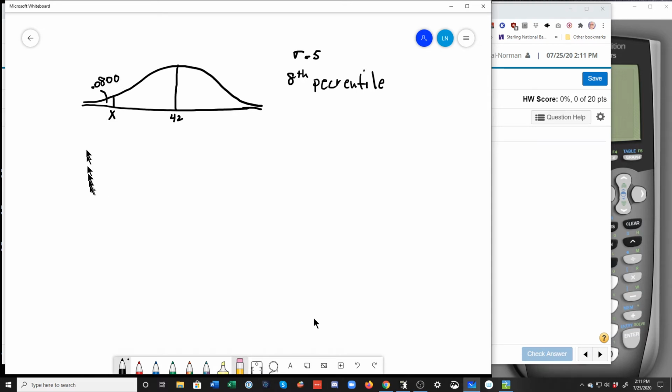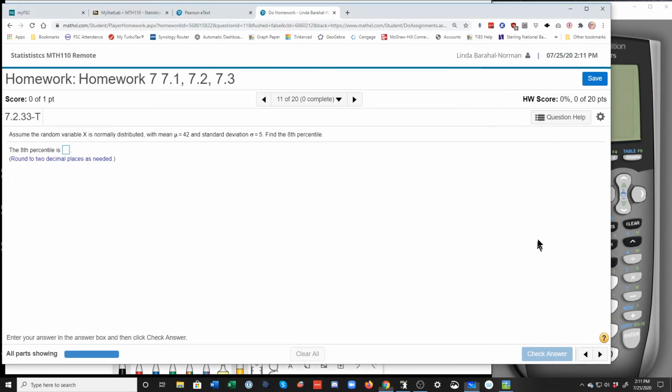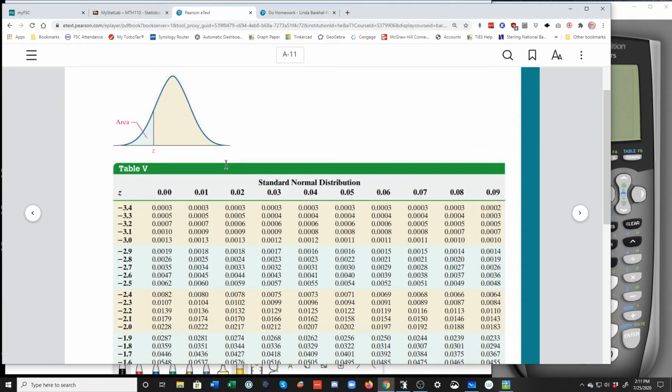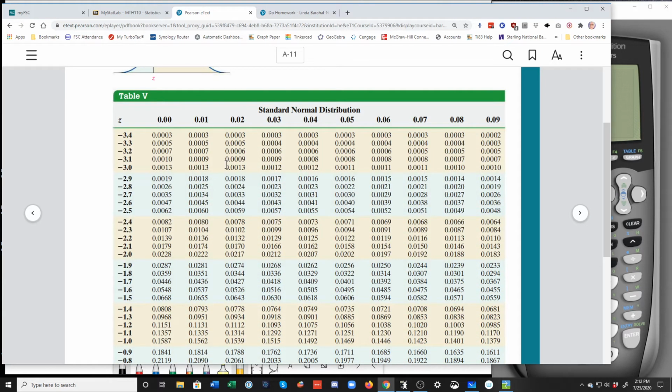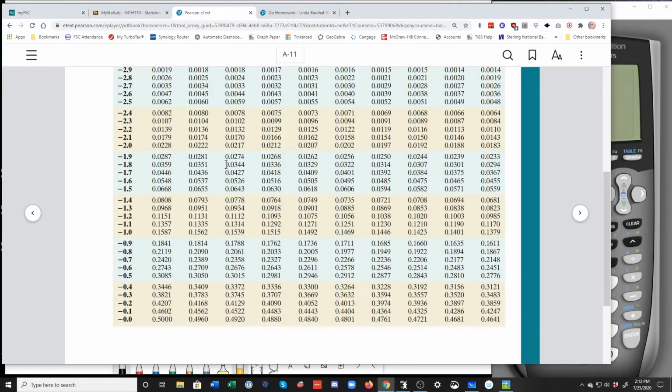If I'm going to follow the convention we've been following, that would be 0.0800. What I need to do is use the normal distribution table to look up the z-score associated with 0.0800. So I have my normal distribution table here, and I'm looking for 0.08.